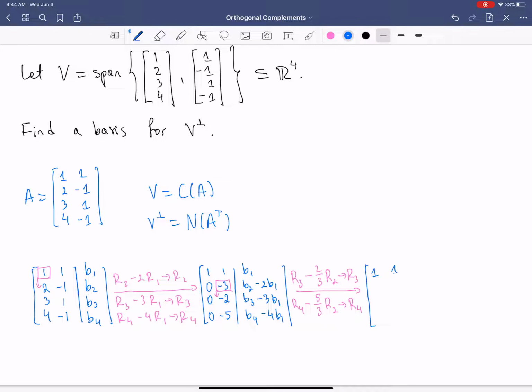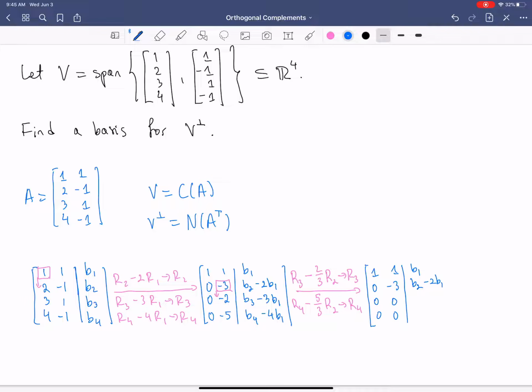We get 1, 1, B1, 0, negative 3, B2 minus 2B1. And then we know we get zeros here. And we just have to take our time computing the right-hand sides. So I will write on the side.